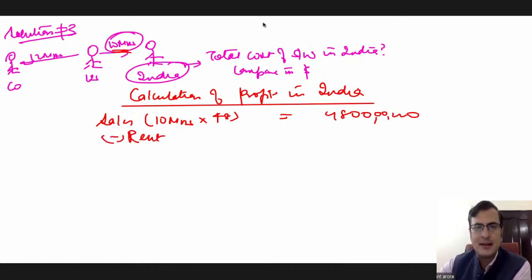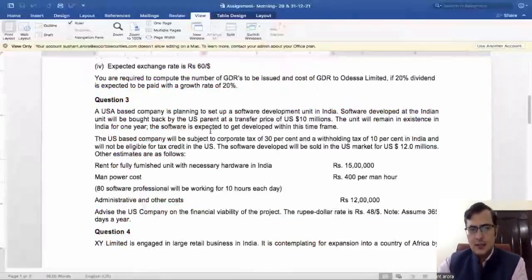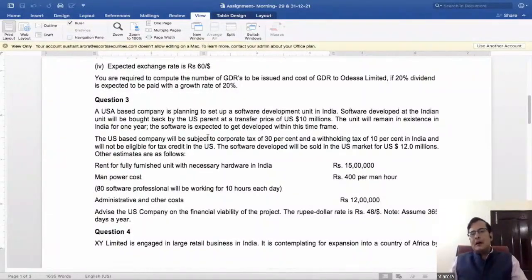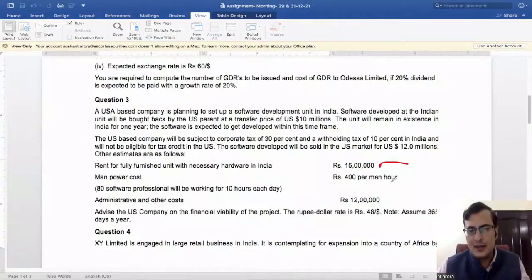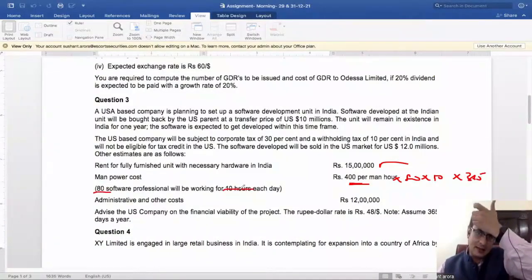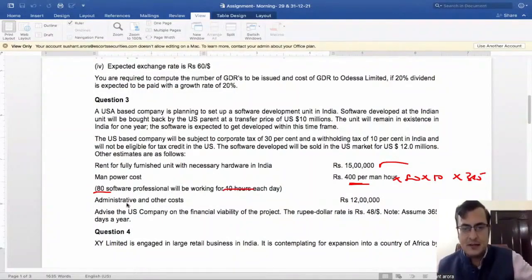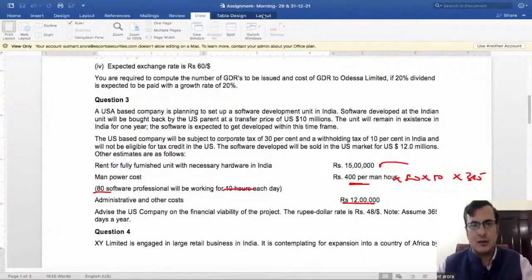How much was the rent? 15 lakh is the amount of rent that they are supposed to pay. Manpower cost is 400 into 80 into 10 into 365. 80 professionals, 10 hours each, and the hourly rate is given to you. Administrative cost is 12 lakh. So you can get your profit out there.